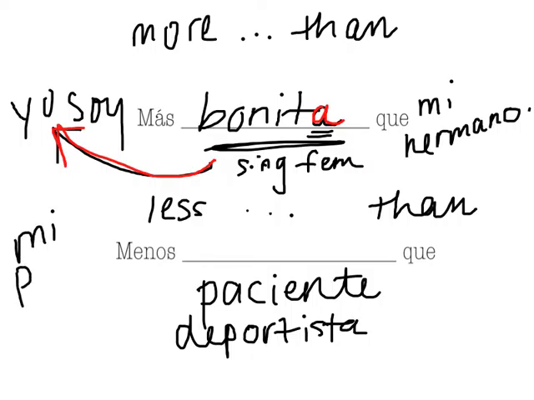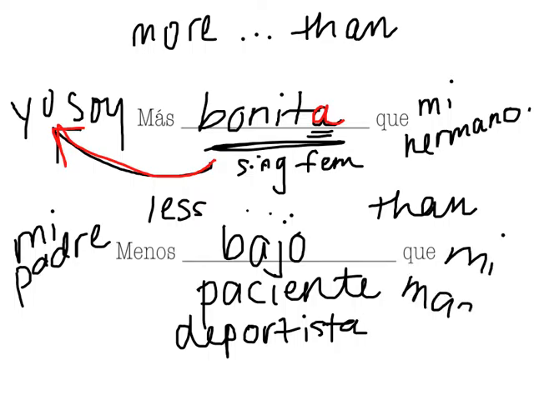But if I'm putting mi padre up front, and maybe I want to say my father is less short than my mom, or he is taller que mi madre, I would need to make sure that my adjective in the middle here is masculine because it's talking about mi padre.